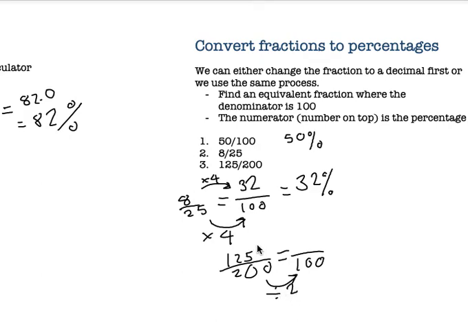That means I'm going to do the same thing up here. So 125 divided by 2. Let's see what that is. That's 62.5. Okay, so 62.5. That means my percentage is going to be 62.5%.